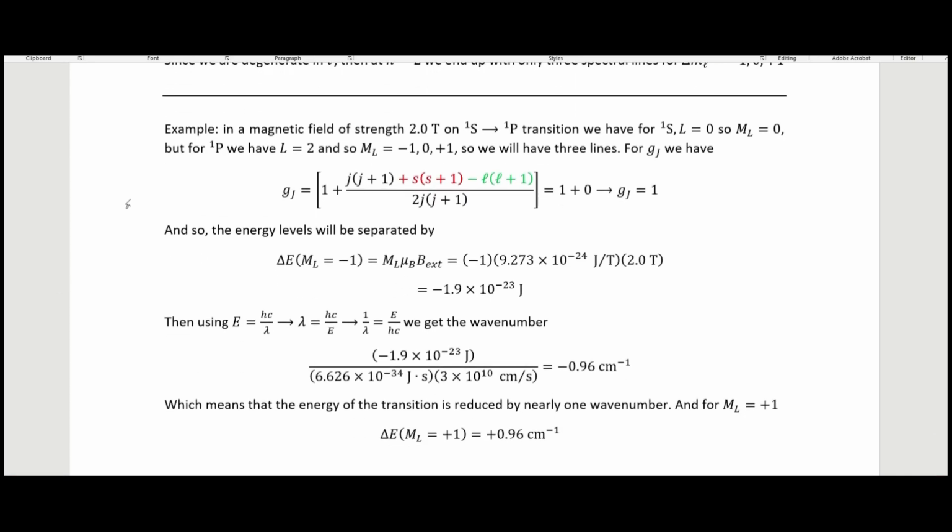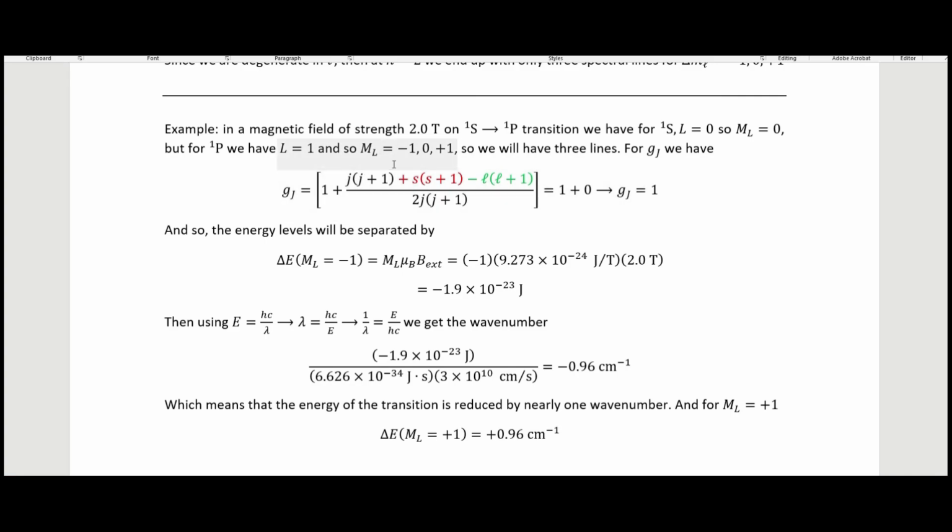And so we can look at this example here. If we have a magnetic field of strength 2.0 teslas, so this is a pretty strong magnetic field. On this transition here, we have L equals 0 and m sub L equals 0, but for the 2p, we have L equals, this should actually be L equals 1, so I'll change that.